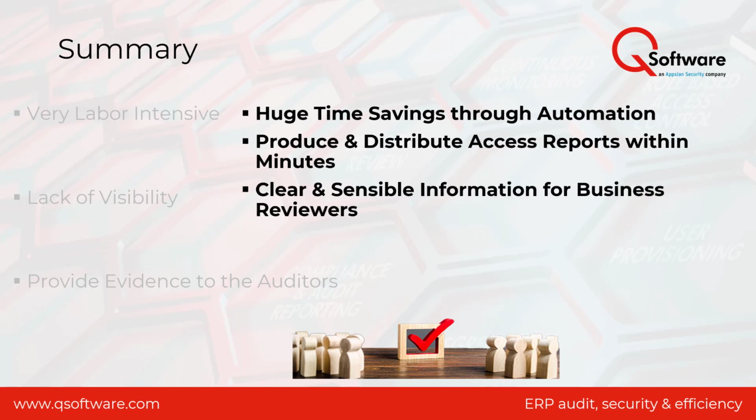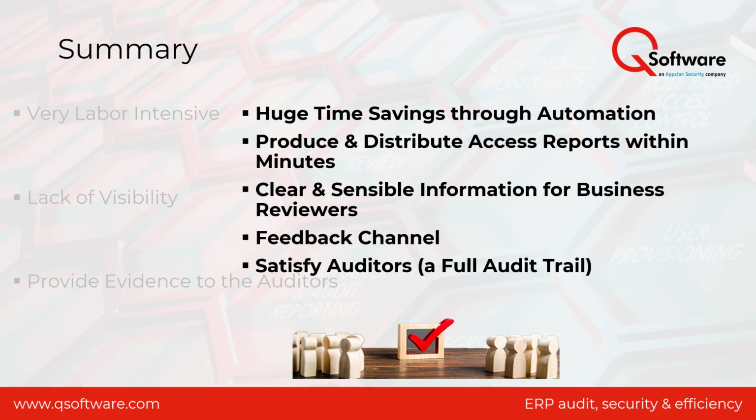Clear and sensible information for business users, giving them information they will understand so that they can logically say, yes, this is correct, this is wrong. Then a feedback channel whereby they can give you that feedback. And the final issue is to be able to give an audit trail, a set of documentation to the auditors, and manage it all within the workflow, as Preston just showed you.